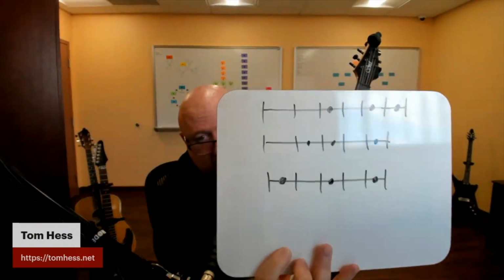Well, first thing we have to know is what the heck is a 9th? Well, 9 and 2 are the same note. When I say 9 and 2, what am I talking about? I'm saying that when you take this scale, the major scale that we talked about earlier, and you start it on A, because that's the chord we're playing. So you start on an A, so A major scale.